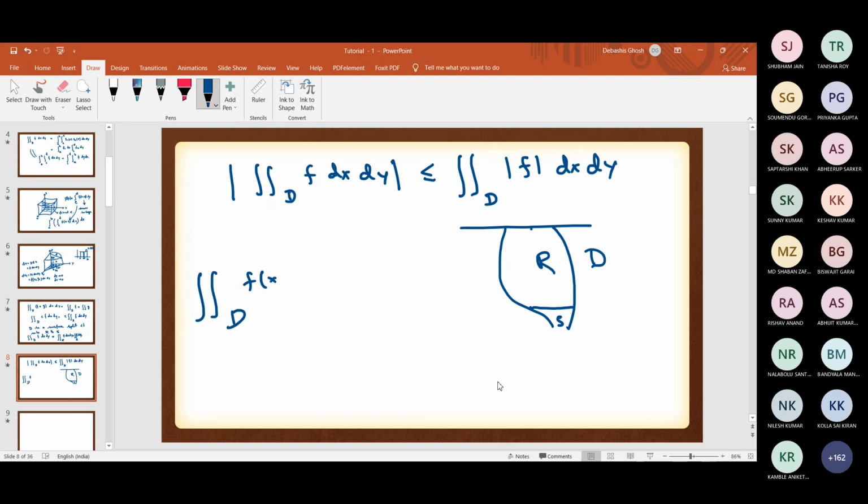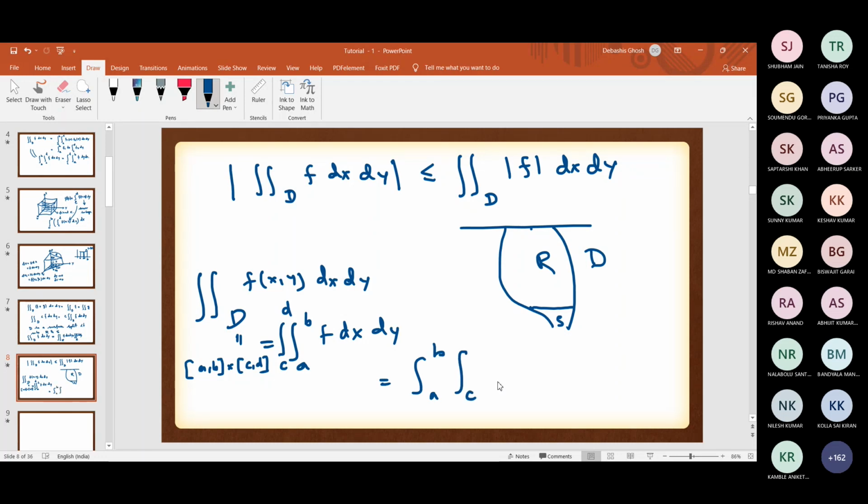That is, the double integral of f(x,y) dx dy over D, where D is supposed to be a region bounded by [a,b] cross [c,d], equals the integral from a to b, of the integral from c to d, of f dx dy, or which is also the same as the integral from a to b, c to d, with dx dy in the other order.